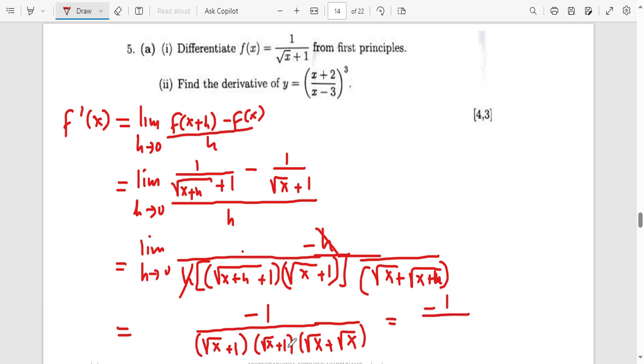Square root of x plus 1 times square root of x plus 1 is going to be square root of x plus 1 squared. Square root of x plus square root of x is 2 square root of x. Just to write it in a good way, this is negative 1 on top, and then I've got a 2, then square root of x, and then square root of x plus 1 squared.